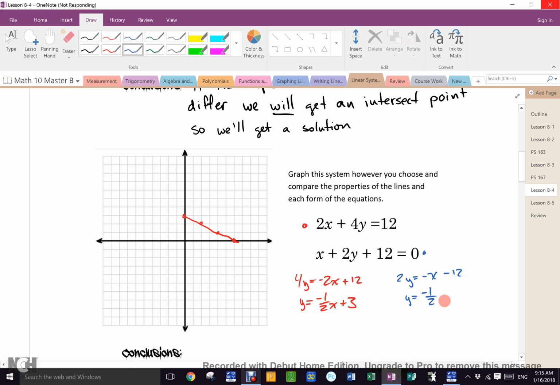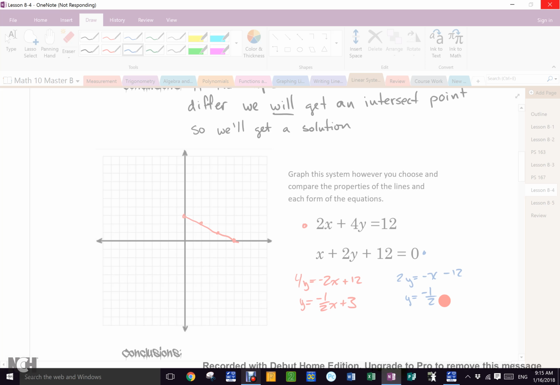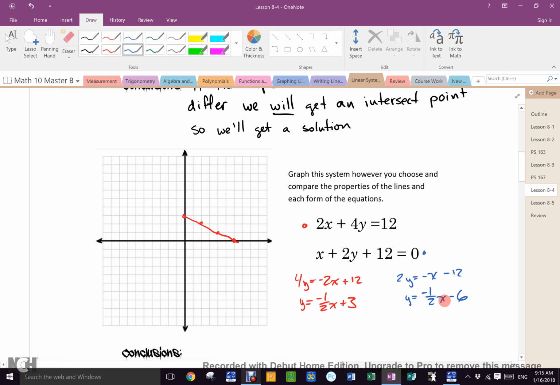Now what do you notice? Graph it. Minus 6. 1, 2, 3, 6. And a slope of negative 1/2. What do you notice about those two lines? They're the same slope, which means they're what?